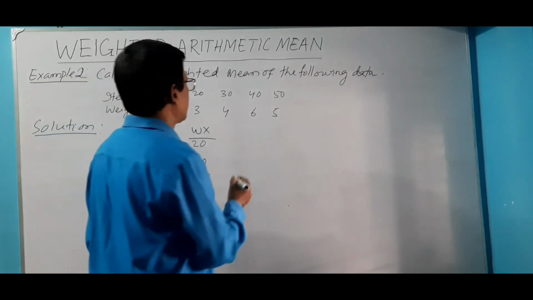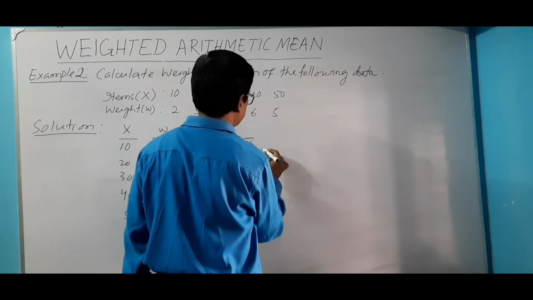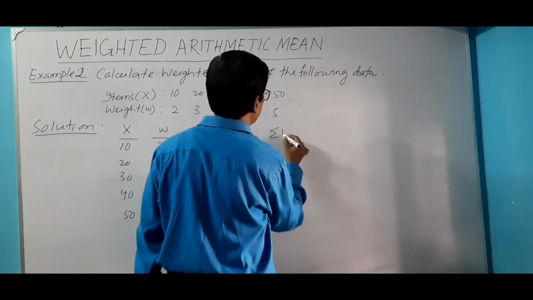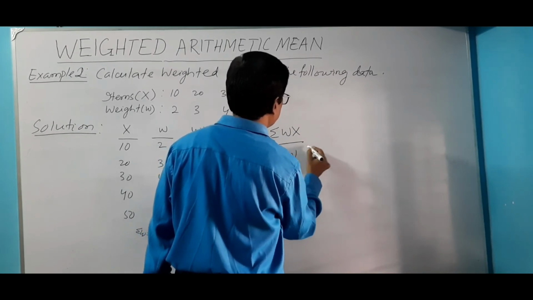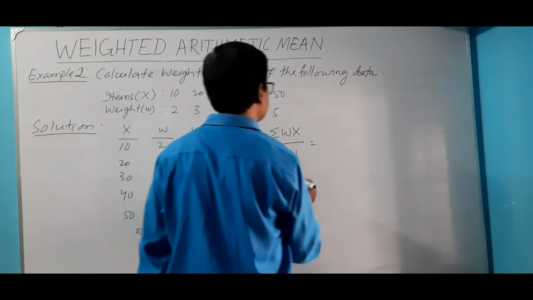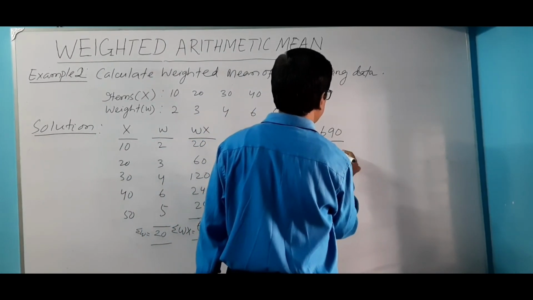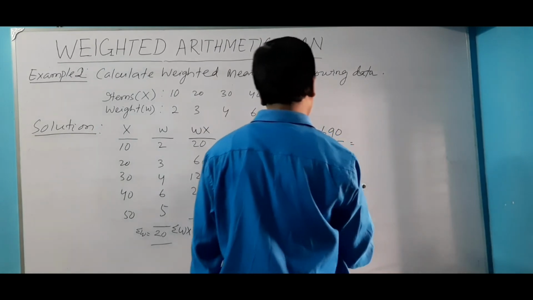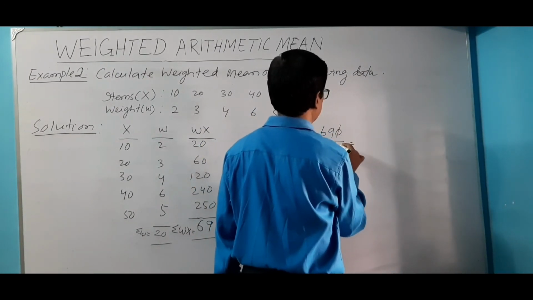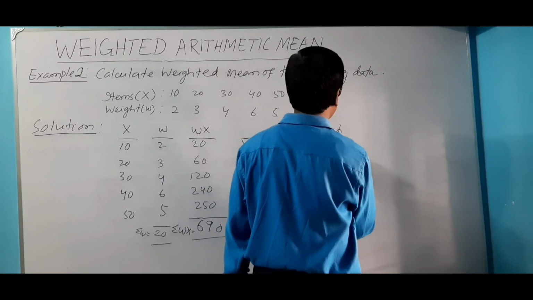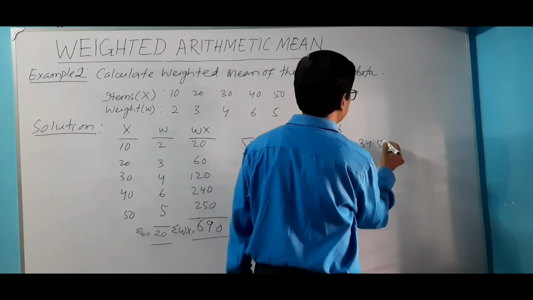Now put in the formula to get the weighted arithmetic mean. X W bar is equal to summation Wx divided by summation W, that is 690 divided by 20. How much does it come to? It comes to 69 by 2, that is equal to 34.5.